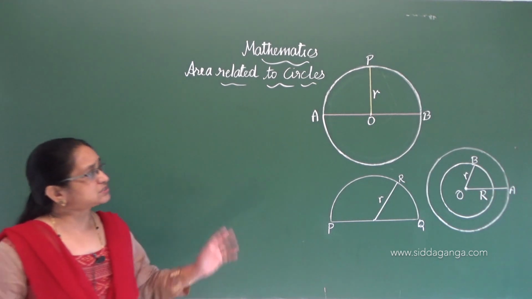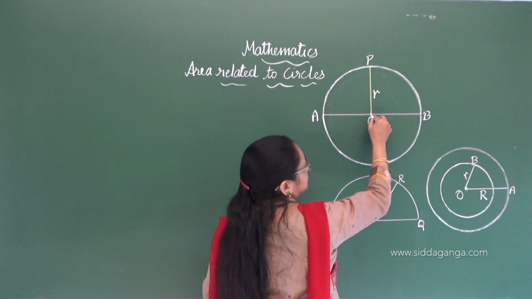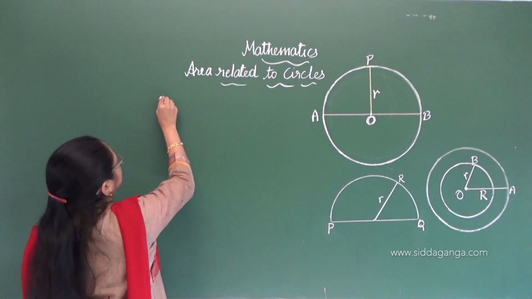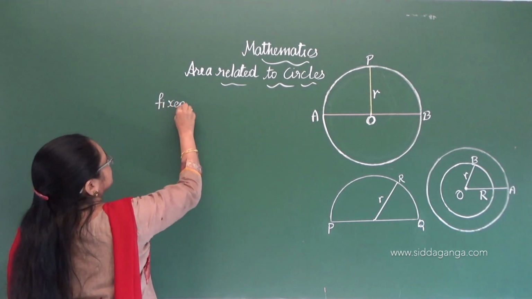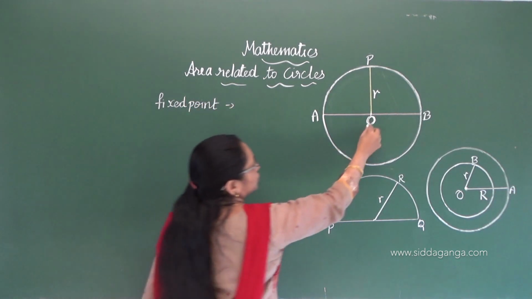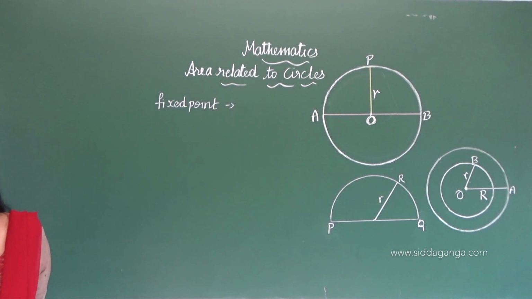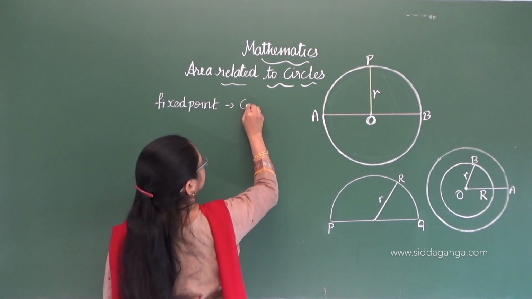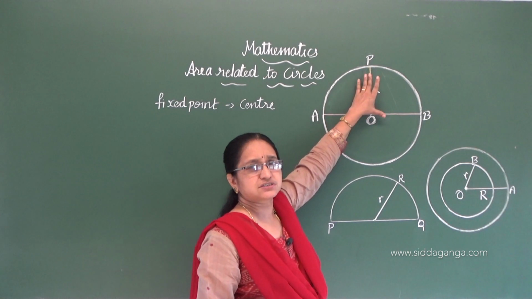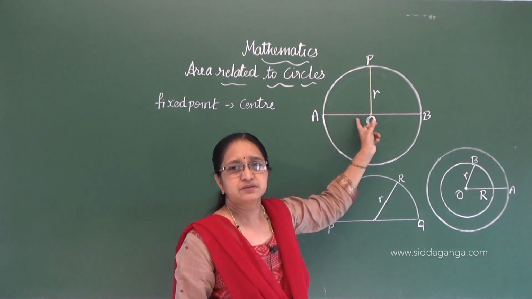Next, this fixed point is called the center. It is represented as O here. Now, I just told you the set of points which are equidistant from the fixed point.